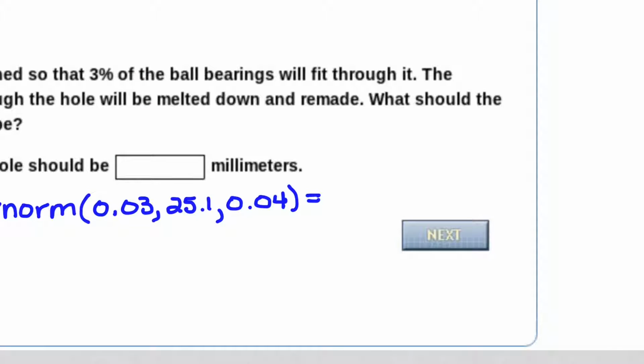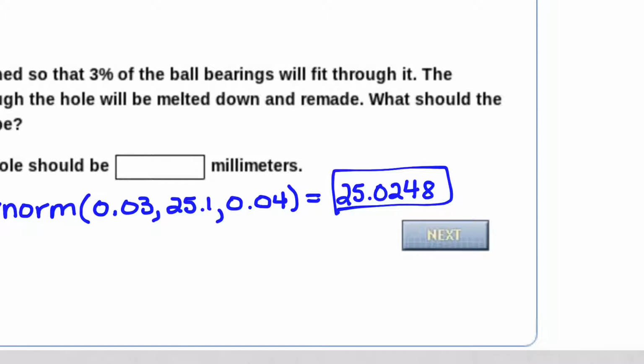So we have inverse norm of 0.03, comma, 25.1, comma, 0.04, and that equals 25.0248. Okay, so that's how we get that one.